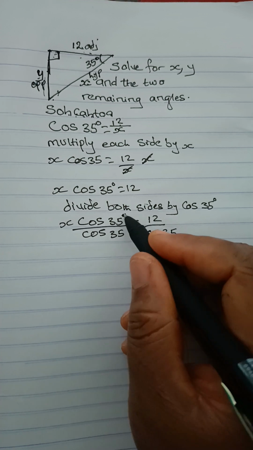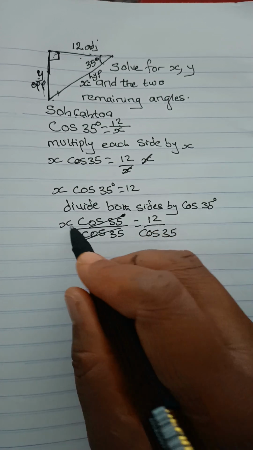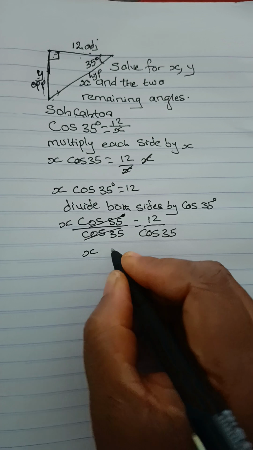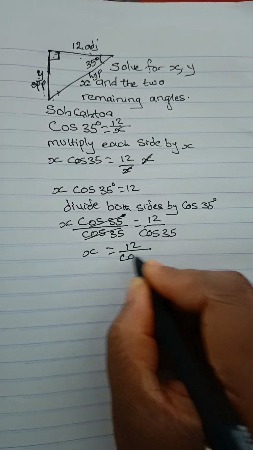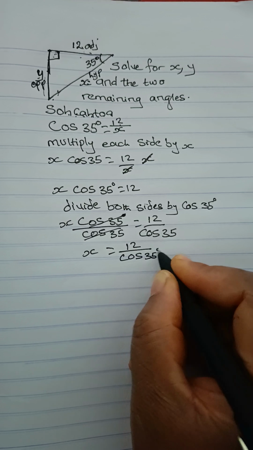After we've done this, we can easily cancel this out, and our x is now standing alone. So we now have x equal to 12 over cos 35 degrees.